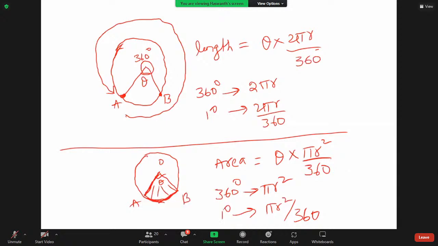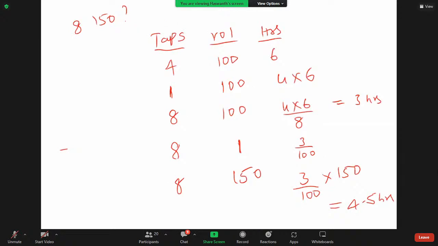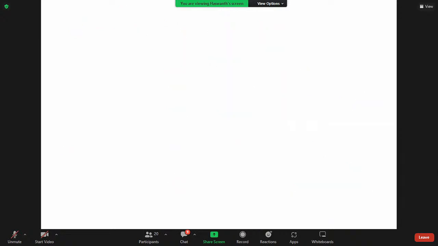Next, we have an important property related to cyclic quadrilaterals. If all the four vertices of a quadrilateral lie on the circumference of a circle, we call it a cyclic quadrilateral.